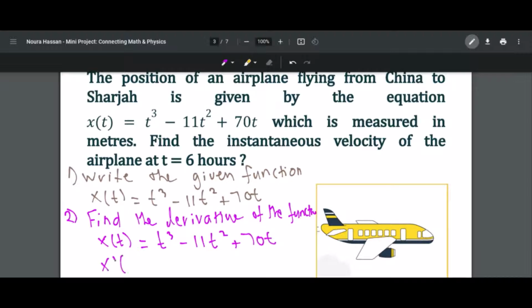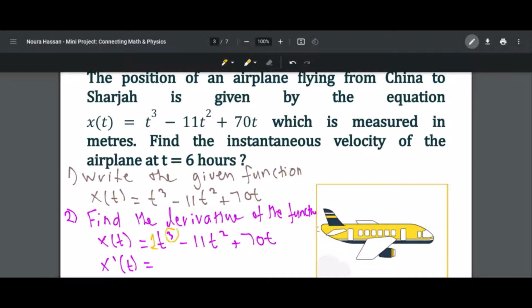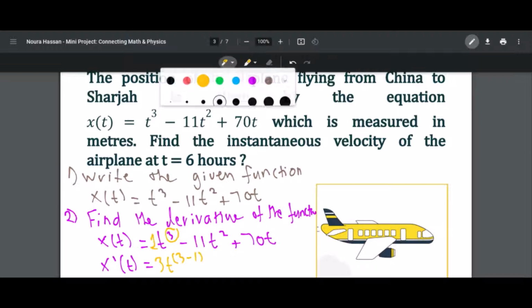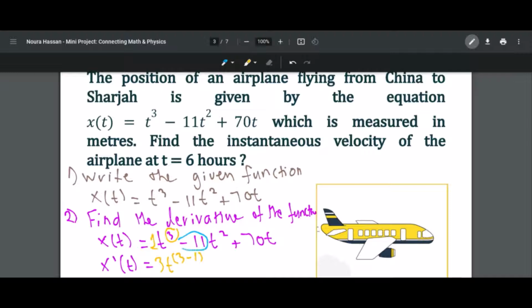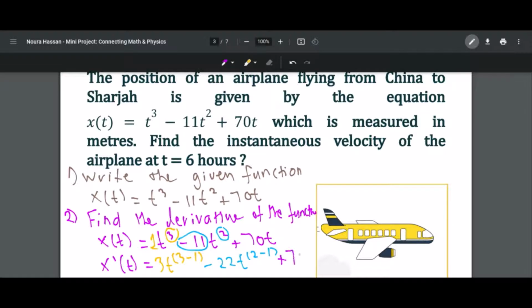x prime of t will equal, first of all, what to do is 1 times 3 to get 3t to the power of 3 minus 1, and then we'll do negative 11 times 2, and then we get negative 22t to the power of 2 minus 1, and then I get plus 70.